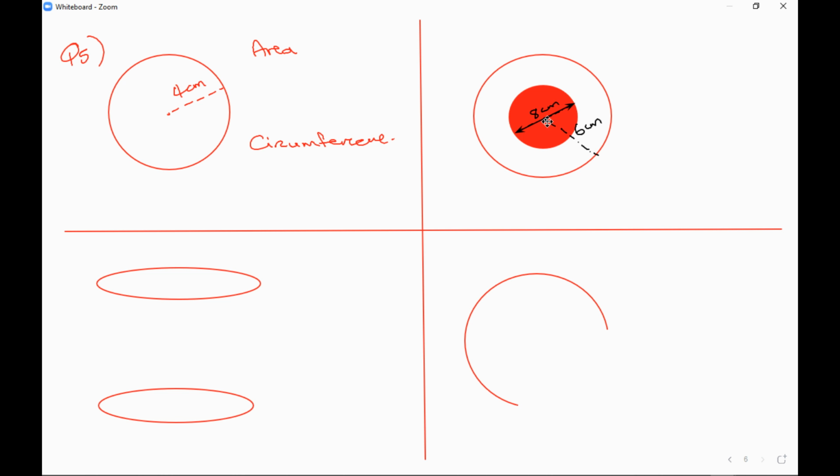And the radius going outwards, 6 centimeters. For this question here, they want you to calculate the area of the unshaded region, the unshaded part.